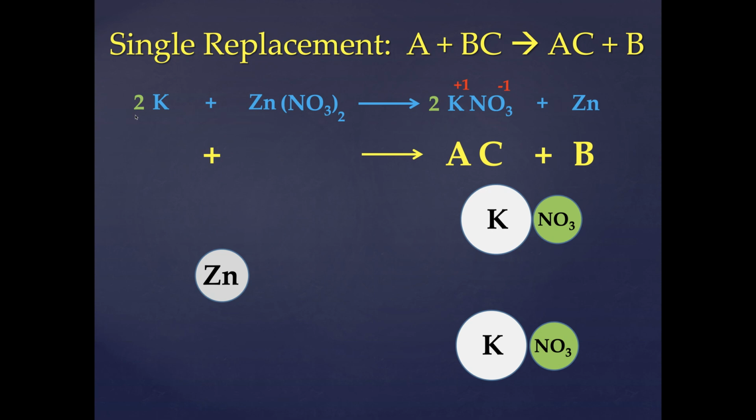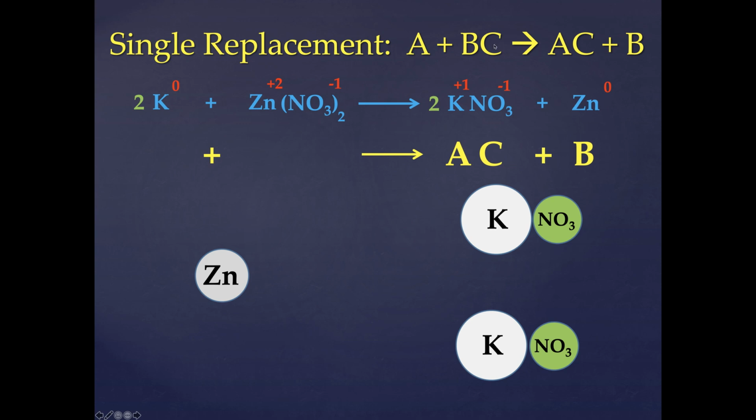Let's look at this from an oxidation and reduction standpoint. K by itself has no charge. Zinc has a +2 charge, nitrate has a -1 charge. So K is going from 0 to +1. It's becoming more positive by the loss of an electron. Who gains it? Zinc goes from +2 to 0.